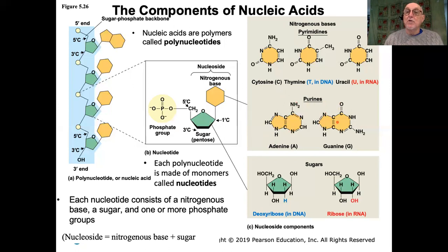Those 2 ring structures are called purines. Cute, C, U, T, pyramid: these single ring structures are called pyrimidines. So we always match a pyrimidine to a purine and a purine to a pyrimidine in constructing the DNA molecule.